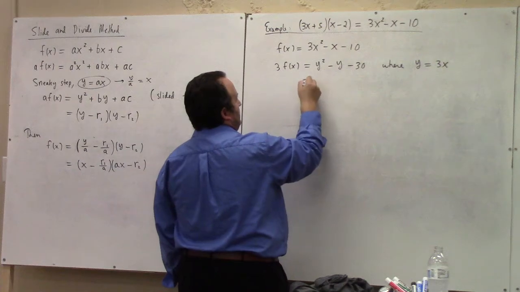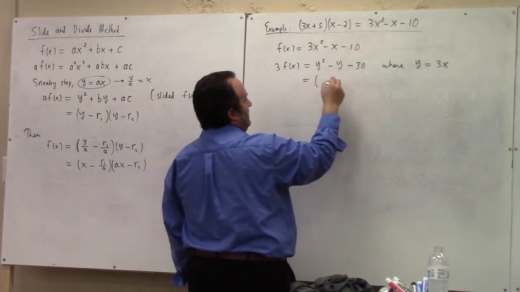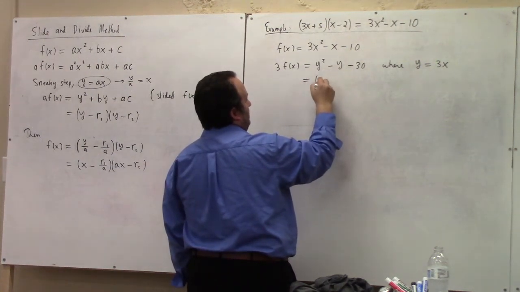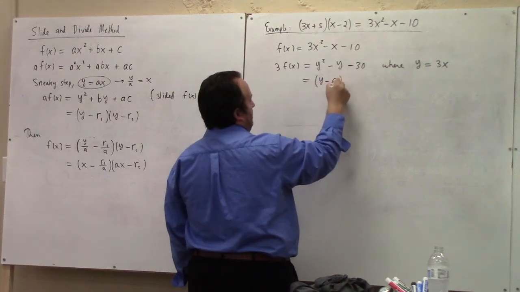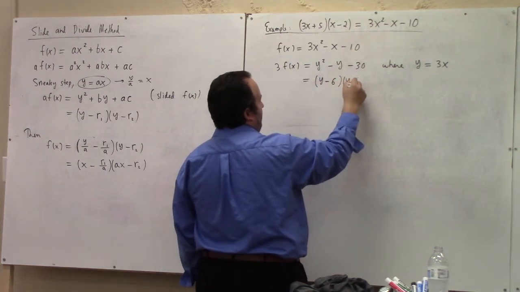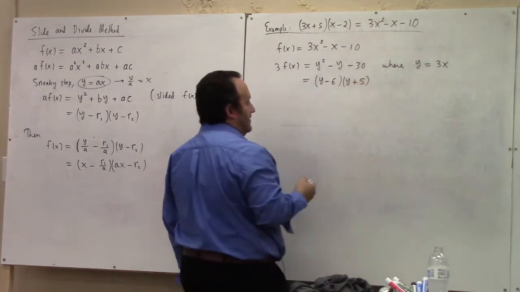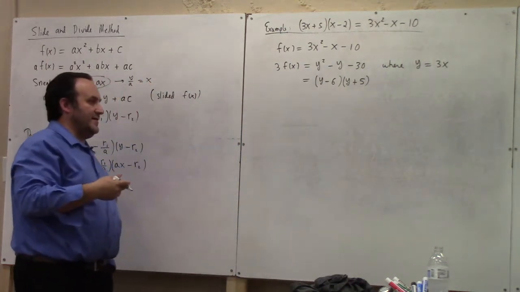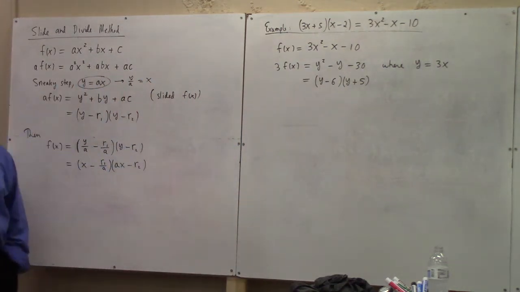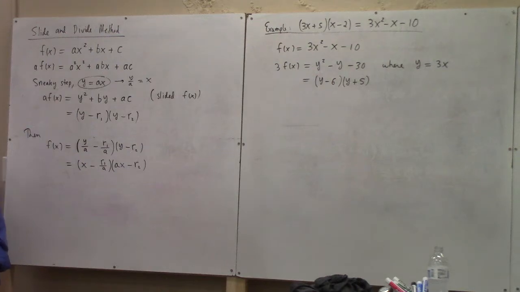And then this is equal to y minus 6 times y plus 5 by ordinary garden variety easy factoring, right? Which is still guess and check.